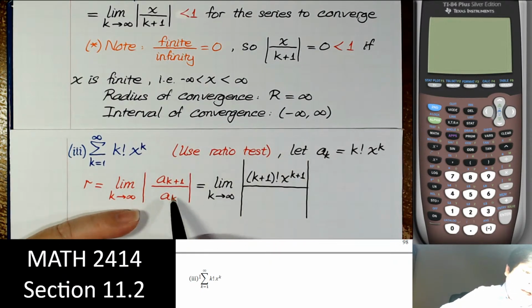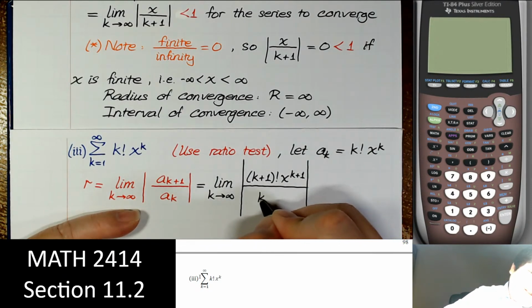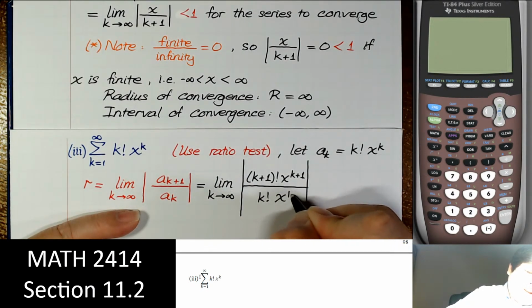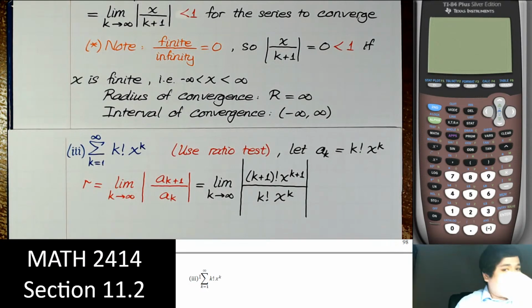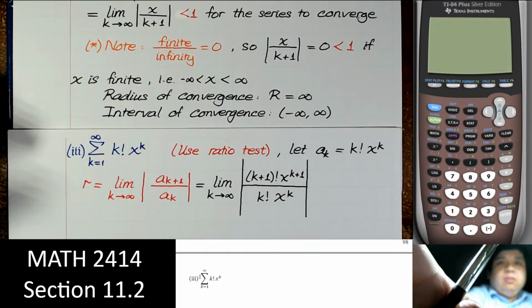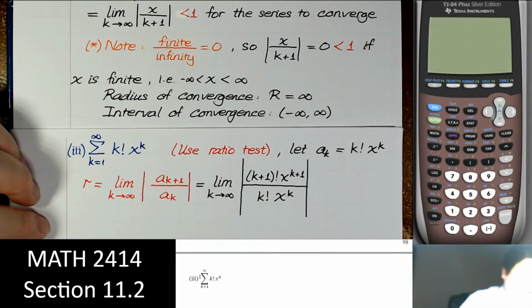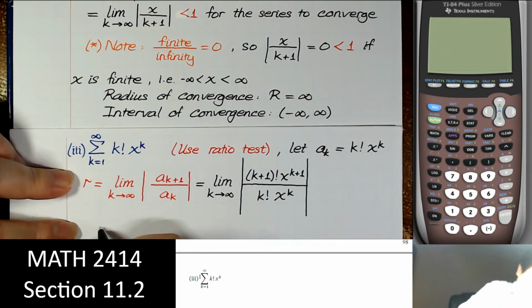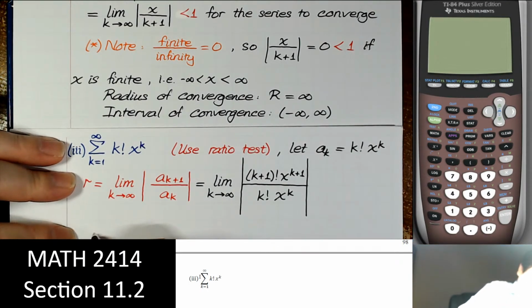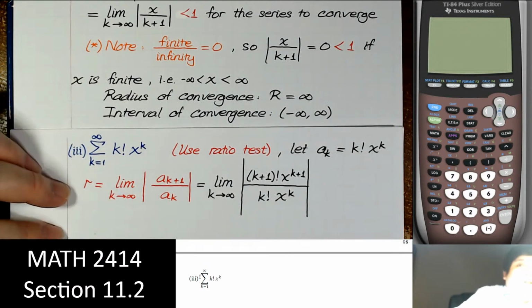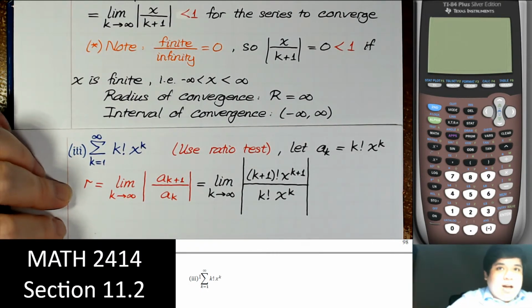And at the bottom, a sub k will be the same thing. In this case we don't need to flip the denominator, just have that.